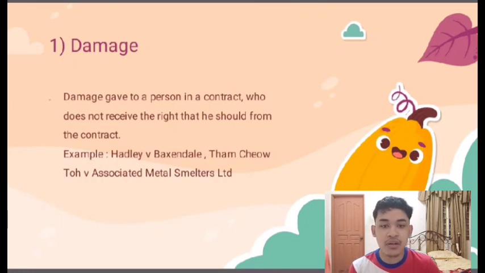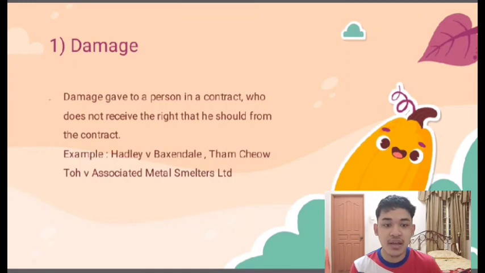For example, Hadley versus Baxendale and Victoria Laundry versus Newman Industries. Hadley versus Baxendale. Plaintiff contracted with defendant to bring a machine part from plaintiff's factory to a machine maker as a model.